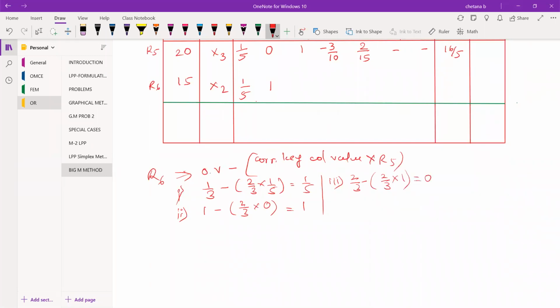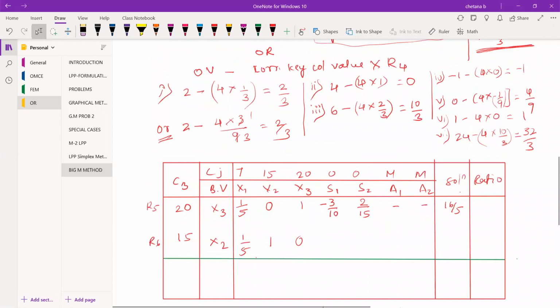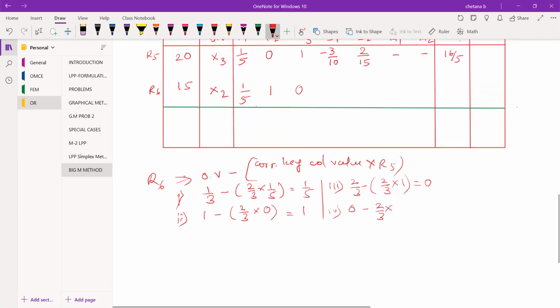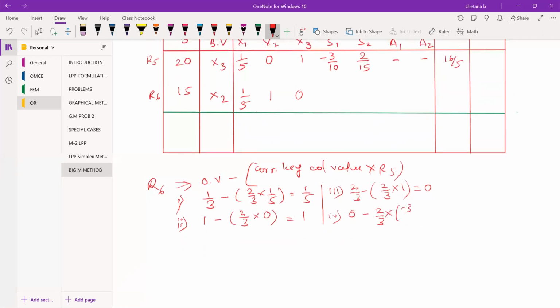So 0. Fourth one, the old value is 0, minus 2 by 3 into minus 3 by 10. So how much will it be? 1 by 5.